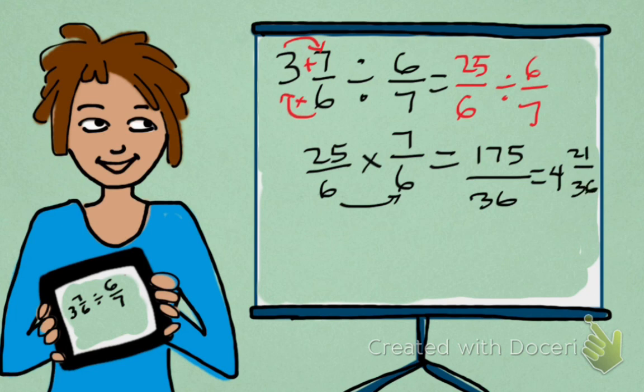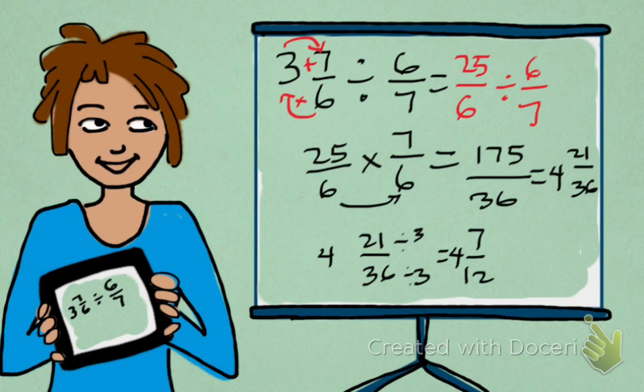But 21/36 can still be simplified. We have the whole number 4. 21/36, they're both divisible by 3. So 21 divided by 3 equals 7, and 36 divided by 3 equals 12. And our whole number 4. So our final answer is 4 and 7/12.